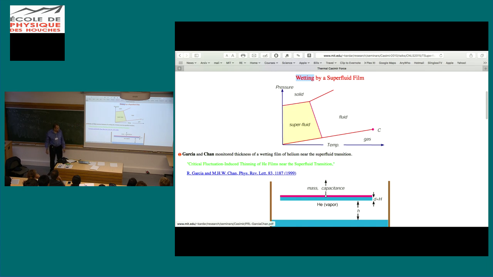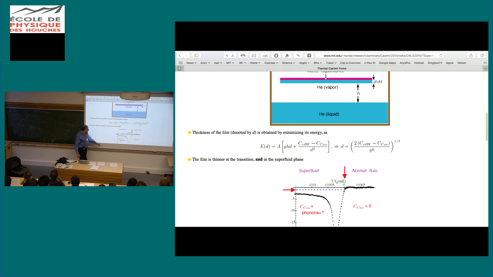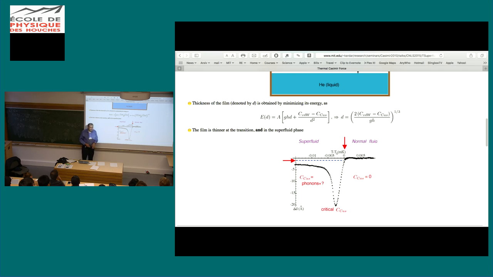You would say the strength of the van der Waals attraction should not really vary very much as a function of temperature, so the thickness of the film should not change. And indeed, this is what they find: the thickness of the film at high temperatures, like 4 degrees Kelvin or whatever, is essentially staying constant. So they have set that to 0. It doesn't matter. The point is that it stays constant.